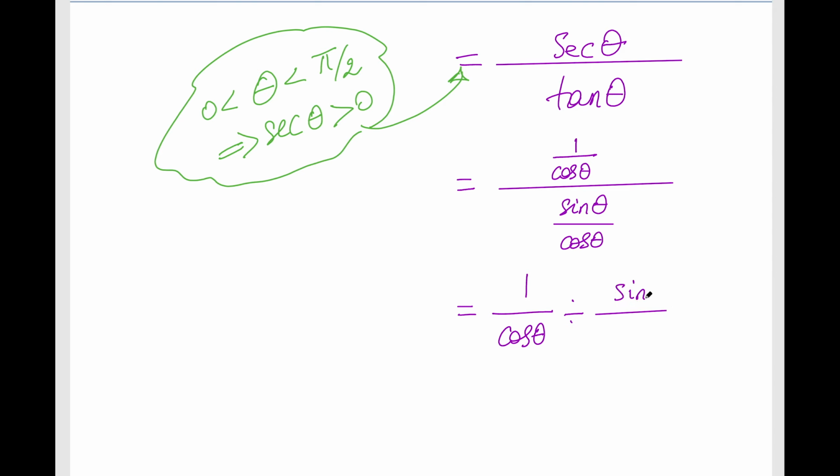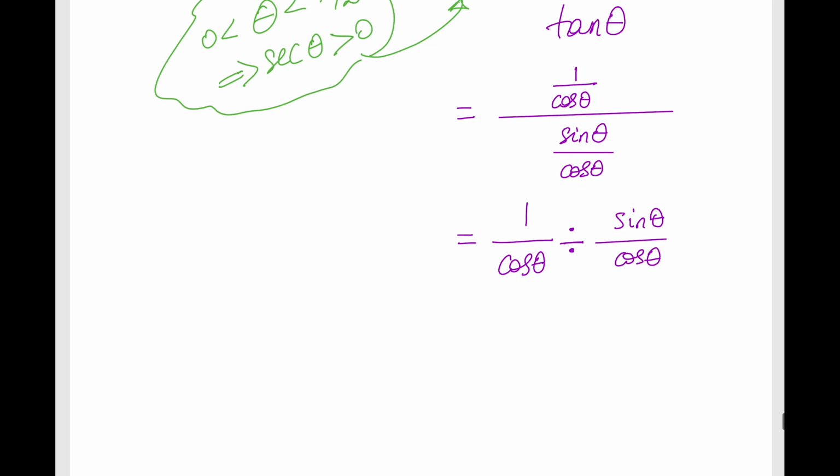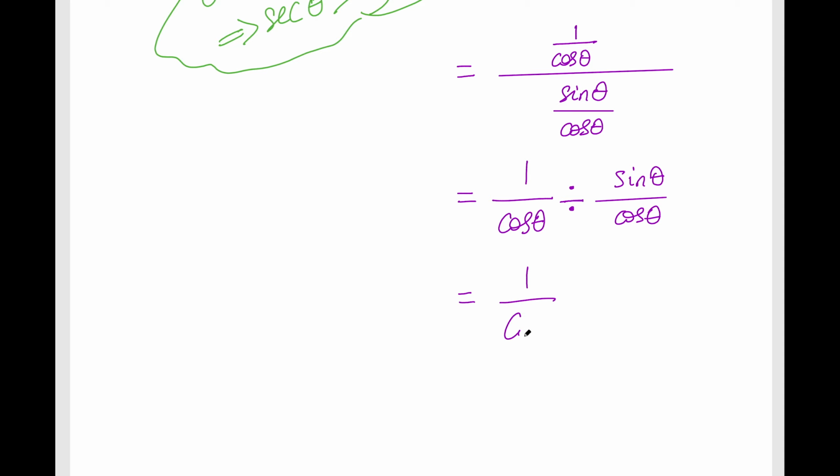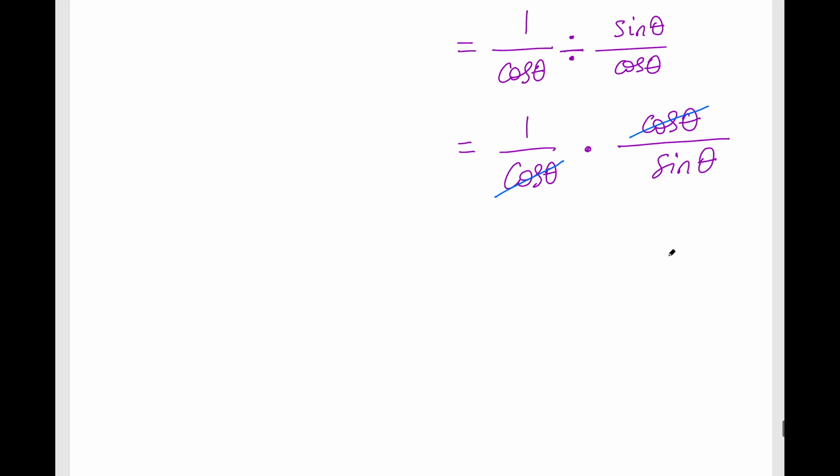It's the numerator divided by the denominator, right? And as such, you get 1 over cosine theta times the reciprocal of the one on the right, cosine theta over sine theta. And I hope you see the simplification part. Cosine theta and cosine theta cancel each other, and you get 1 over sine. And 1 over sine is simply cosecant of that argument, which is theta. Okay.